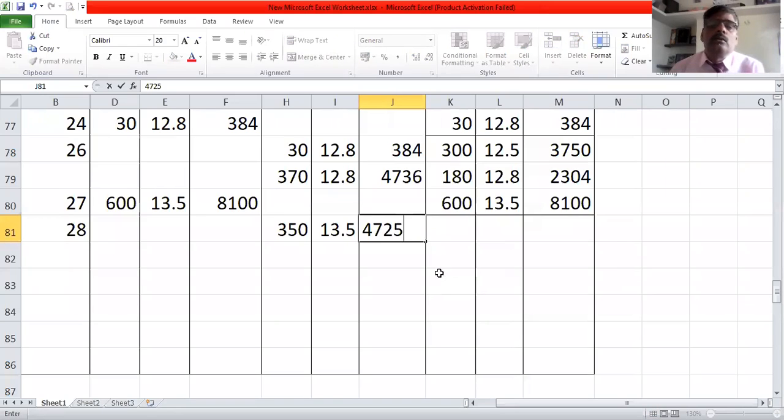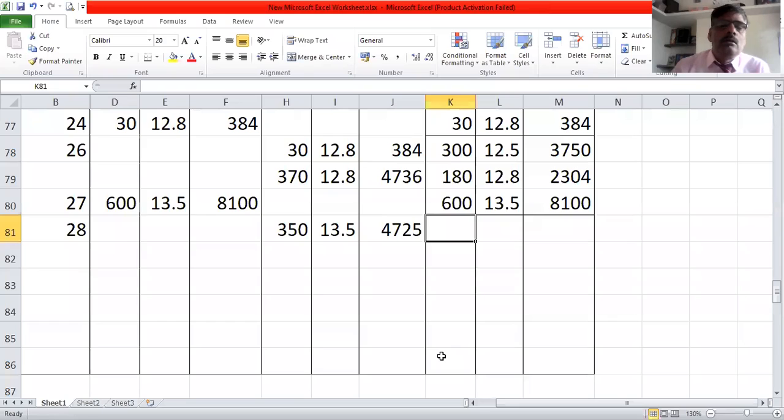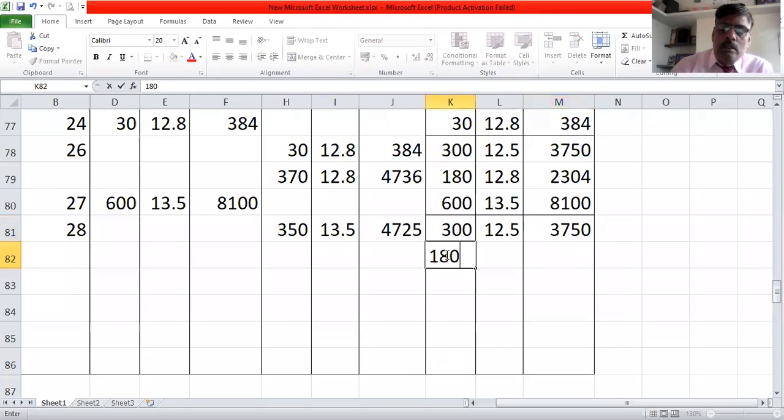4725 is the amount. So you write the balance 300 at the rate of 12.50. Amount is 3,750. Next is 180 at the rate of 12.80 is equal to 2,304.